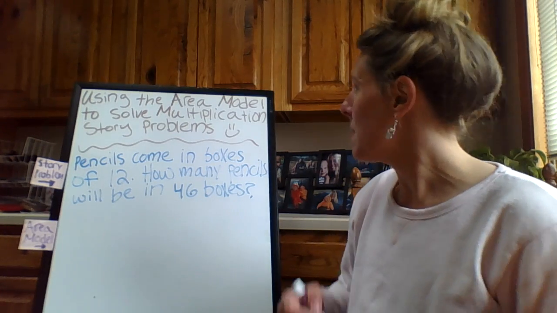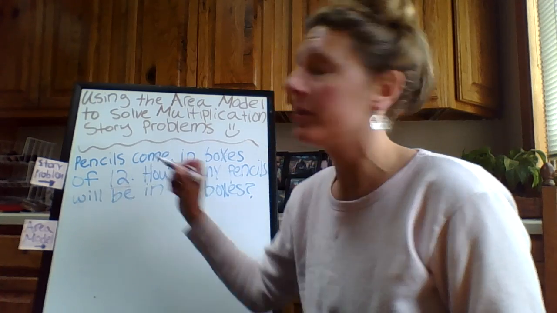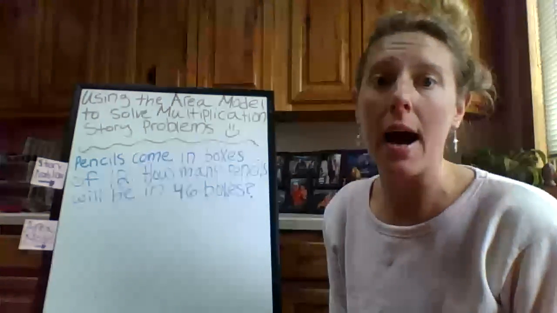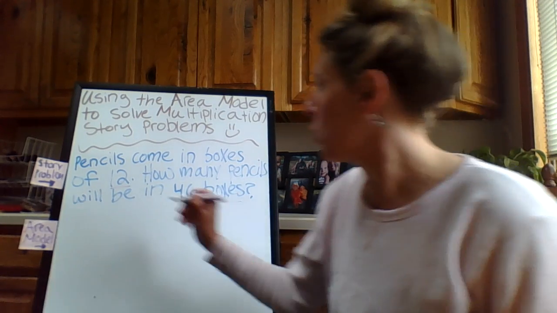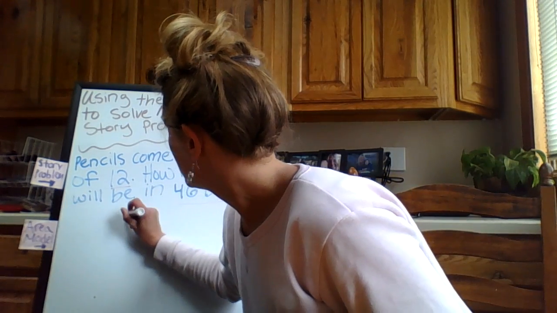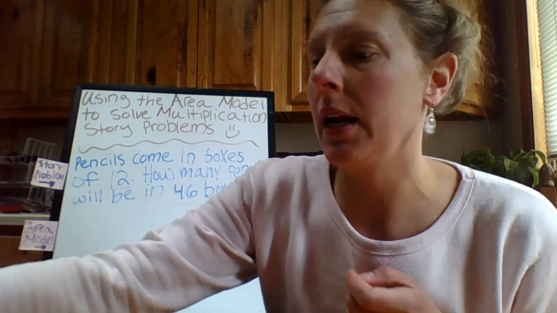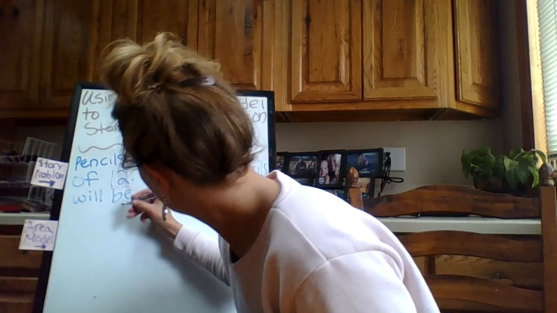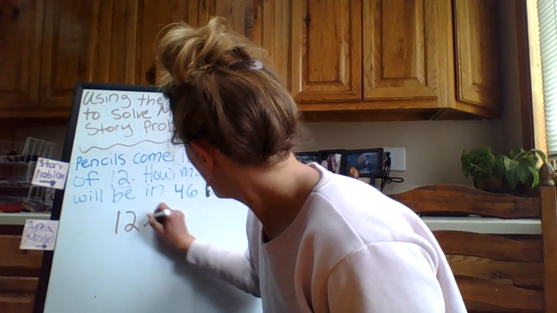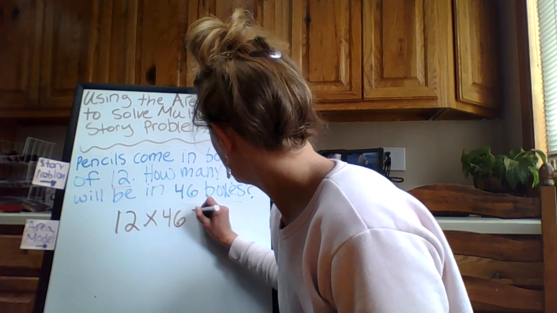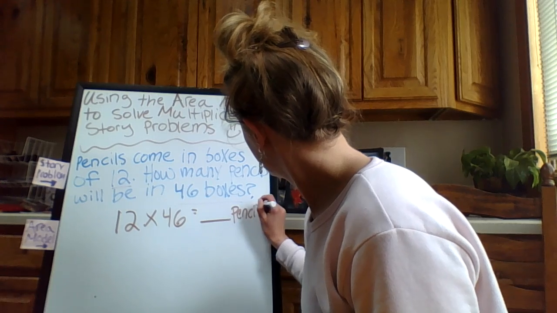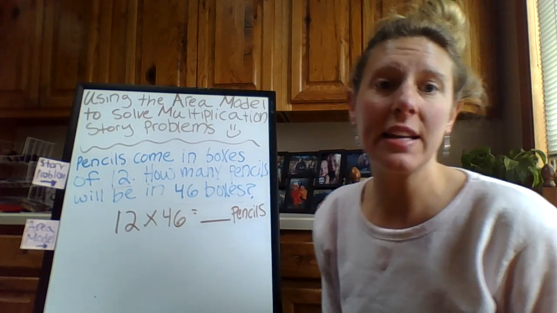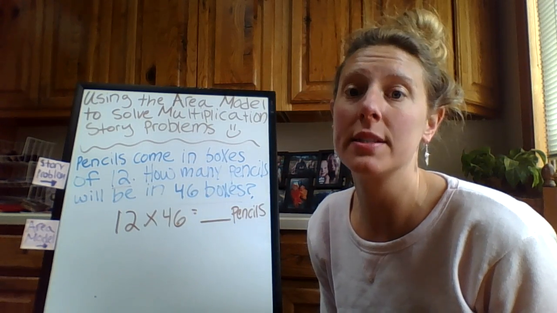If pencils come in boxes of 12, that means there's 12 pencils in a box, and there are 46 boxes, our equation would be 12 times 46 equals blank pencils. So the problem is asking us to find out how many pencils are in 46 boxes.